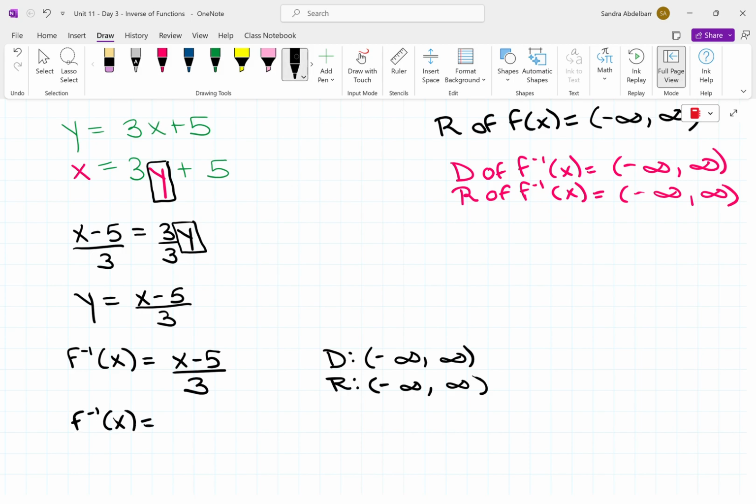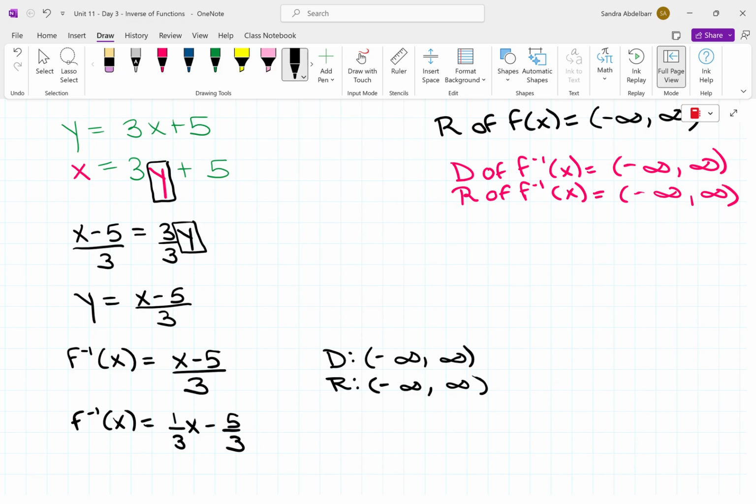You might be used to seeing it as 1/3 x minus 5/3. But these are exactly the same thing. 1/3 x minus 5/3 is the same as x minus 5 over 3. So since this is a line, does my domain and range make sense?